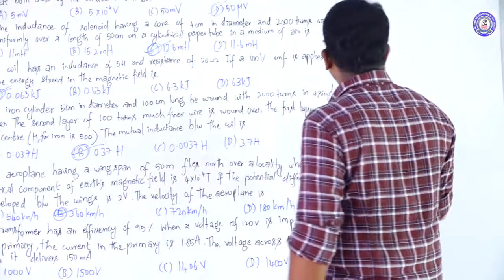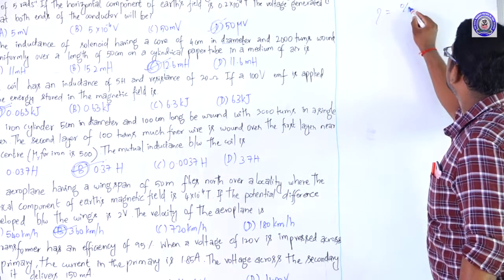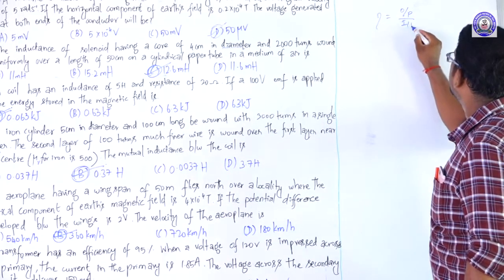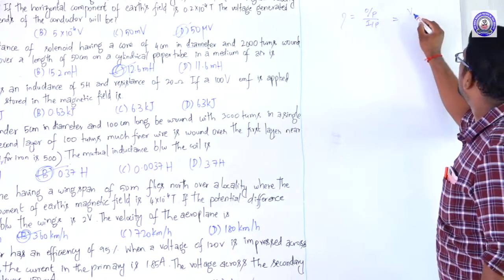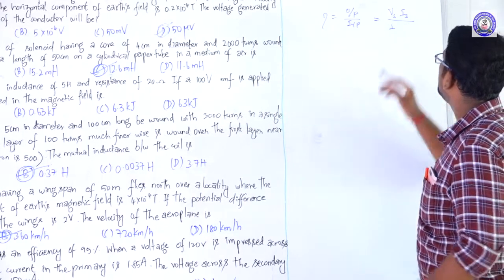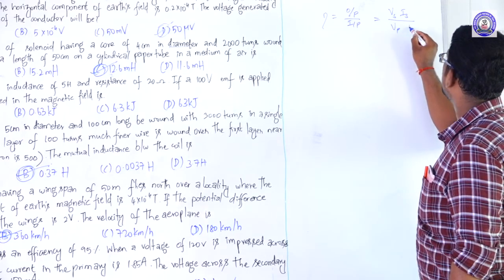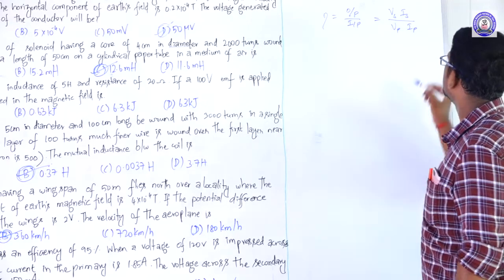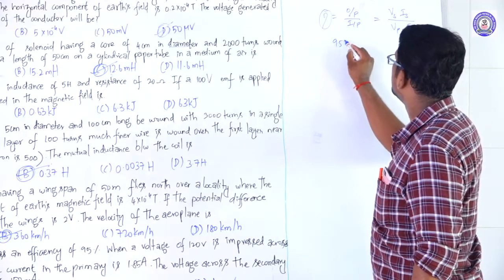We know that the efficiency of the transformer is the ratio of output power to the input power. Output power is output voltage into output current, divided by input power, primary voltage into primary current. The efficiency value is given, that is 95%.